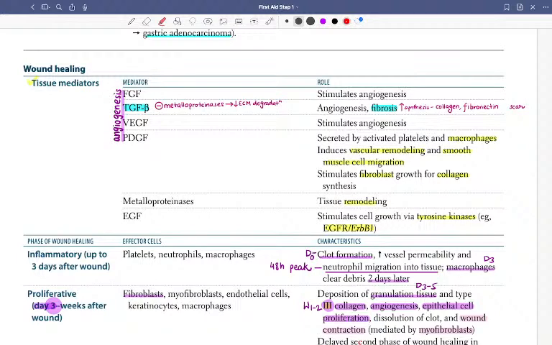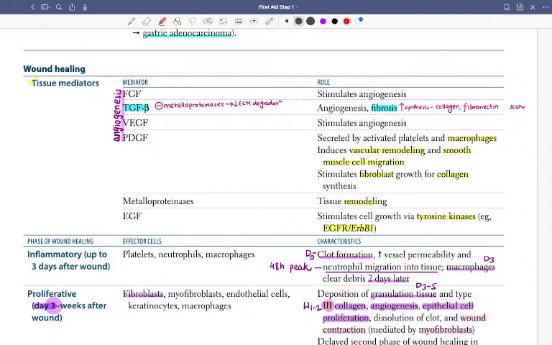TGF beta is anti-inflammatory and helps in tissue regeneration. TGF beta inhibits metalloproteinases, decreases extracellular matrix degradation, angiogenesis, fibrosis, and increases synthesis of collagen and fibronectin.